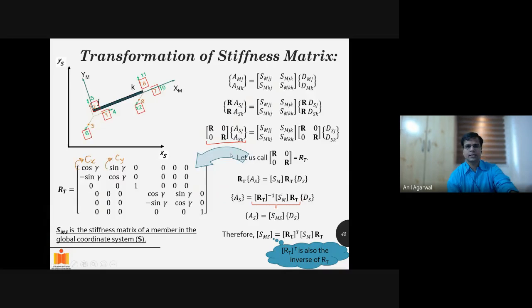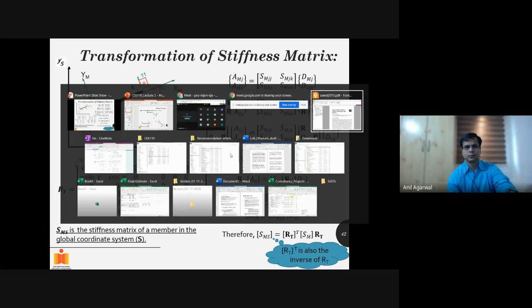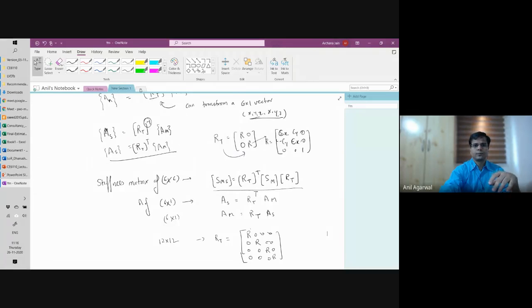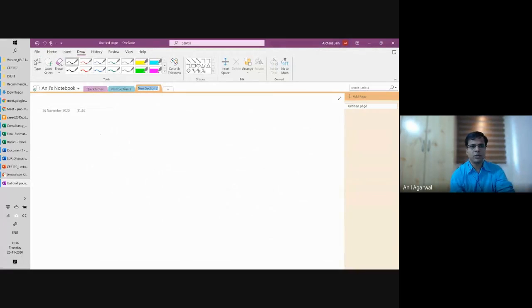So now, we knew the transformation matrix R, which was equal to cos gamma, sin gamma, 0; minus sin gamma, cos gamma, 0; 0, 0, 1. This was my R matrix.